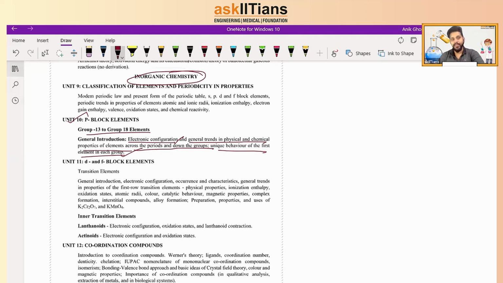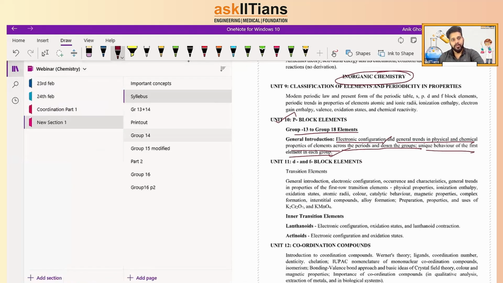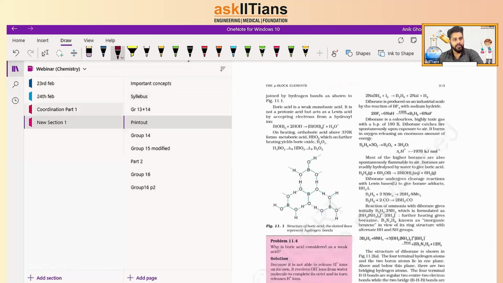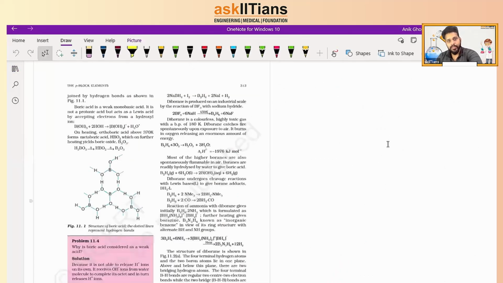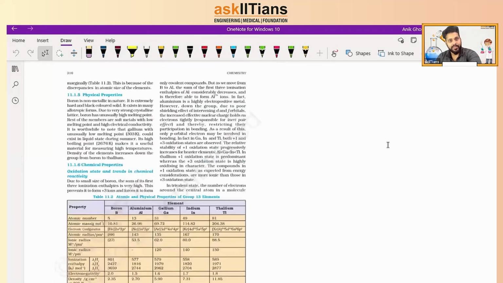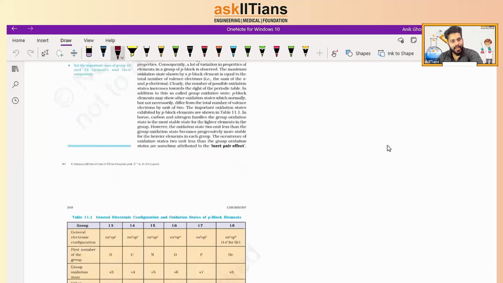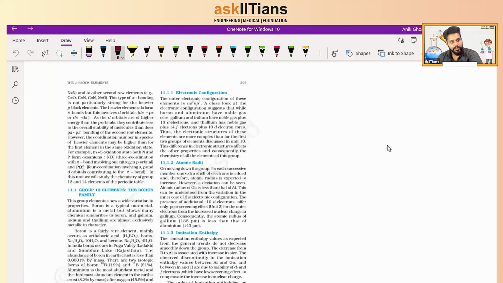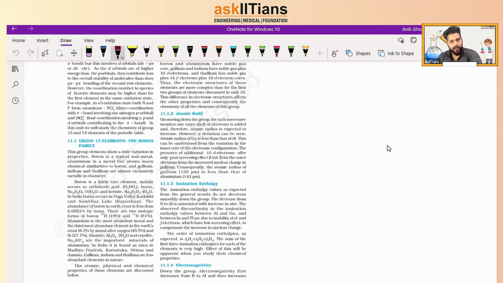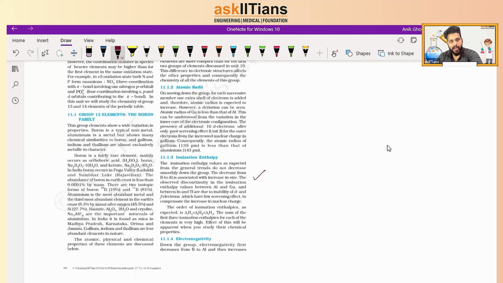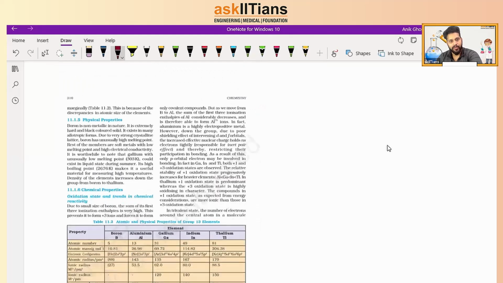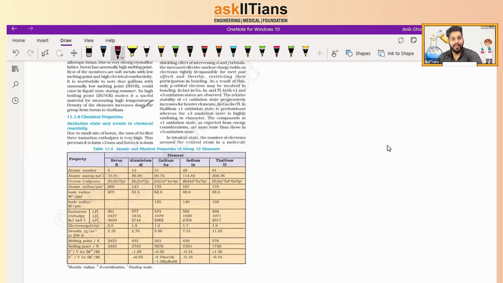What I mean to say is, let's say we talk about group 13 right now. So for that, let's go to this NCERT. In group 13, if I see the JEE Main syllabus, they have this first part, starting from here. These are all these things: atomic radius, ionization enthalpy, electronegativity, physical properties, chemical properties.